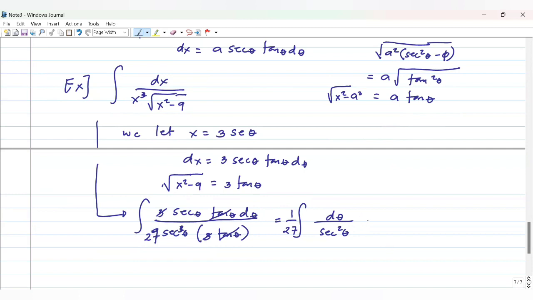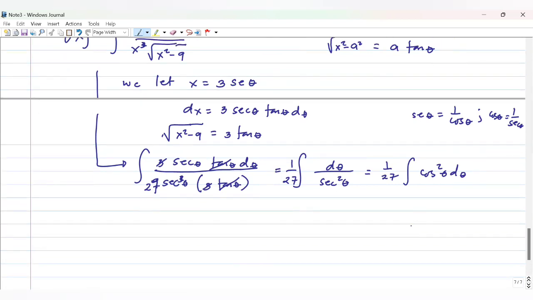But what is 1 over secant? By trigonometric identity, secant theta is 1 over cosine of theta. Therefore, cosine theta is equal to 1 over secant of theta. So it should be 1 over 27 times the integral of cosine squared of theta d theta.